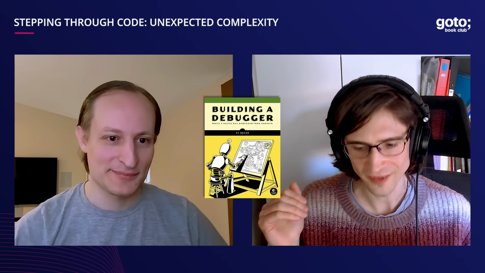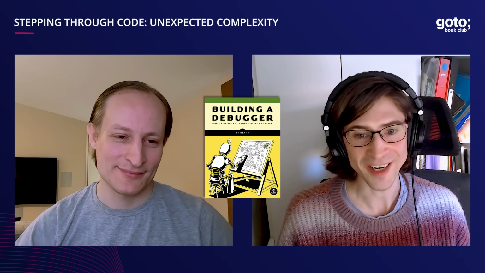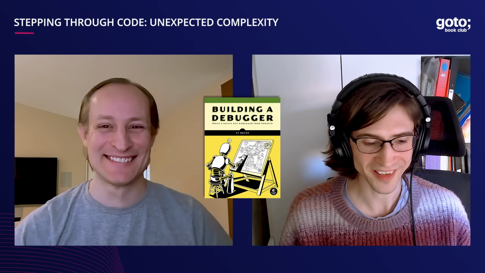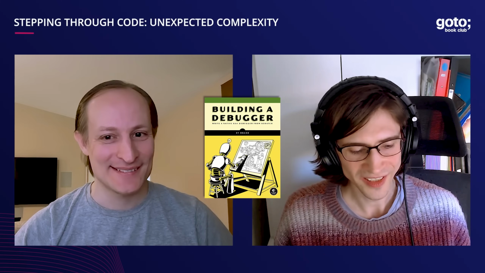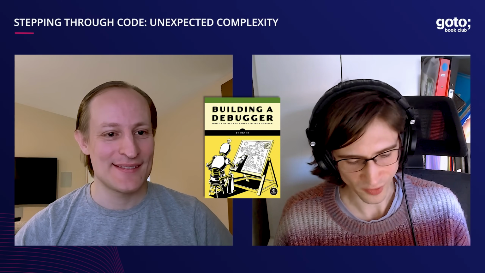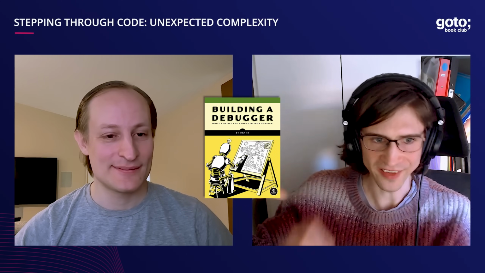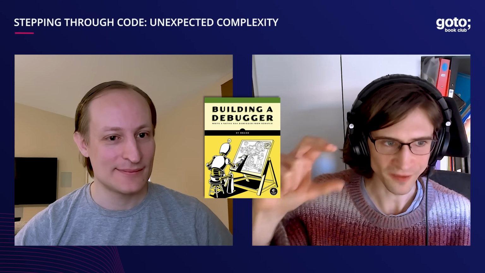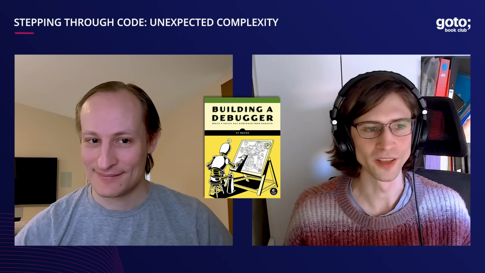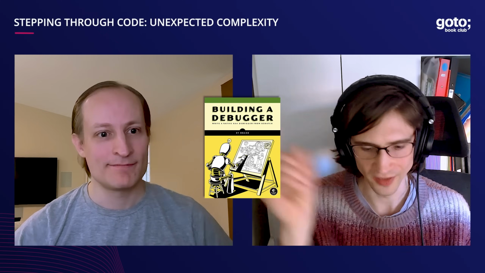What happens if you step into an inline function, which is an absolute nightmare to deal with? For people who don't understand how those get compiled, they basically take the machine code for that function and dump it into the context where you call the function. So it's like a copy paste job rather than a function call.